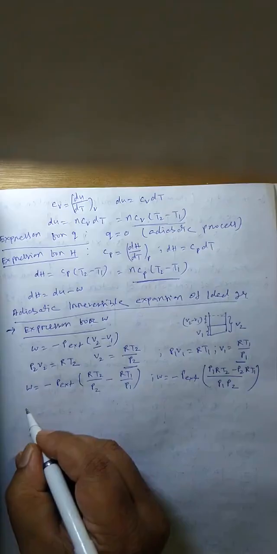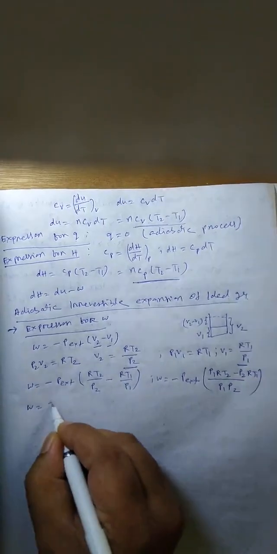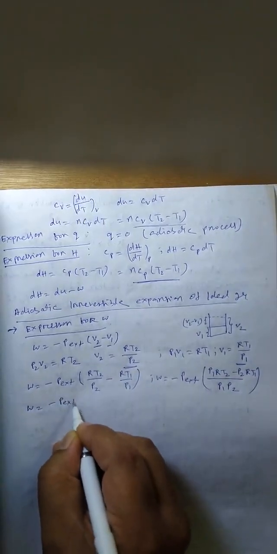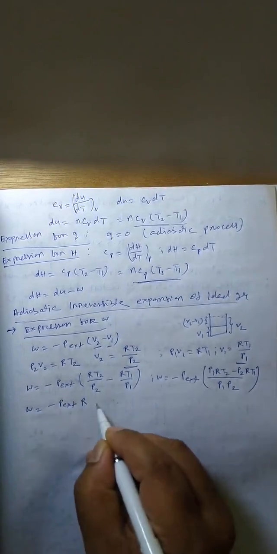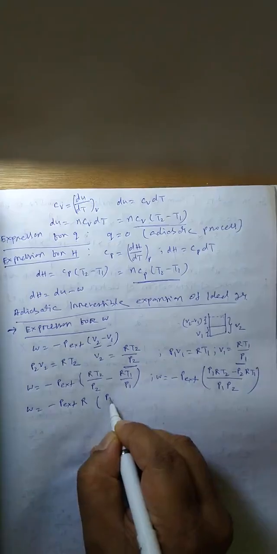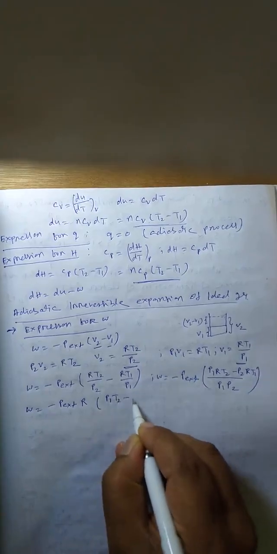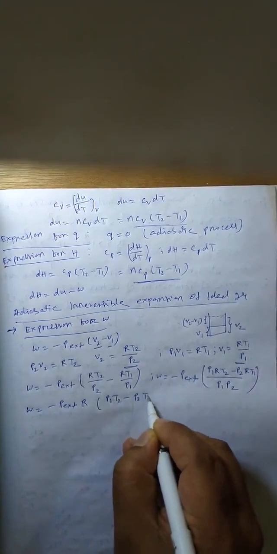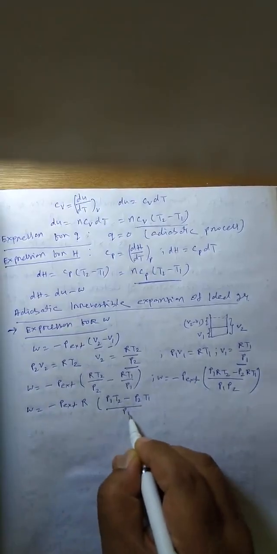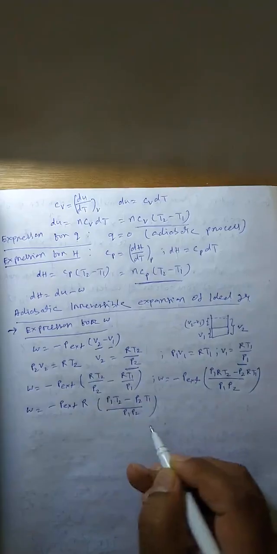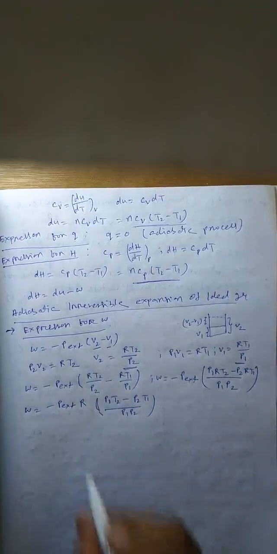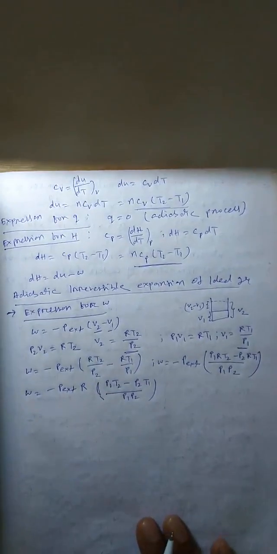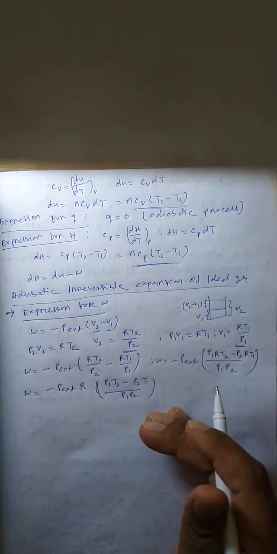Then the expression for W is: W is equal to minus P external times R, times (P1T2 minus P2T1) divided by P1P2. This is the expression for work done. You see what value is given to you. In this way also you proceed.